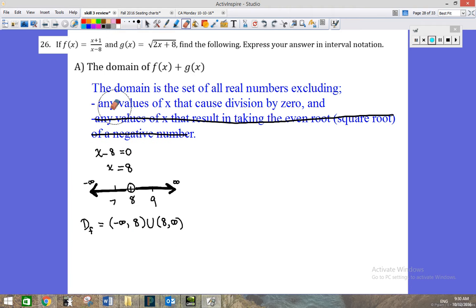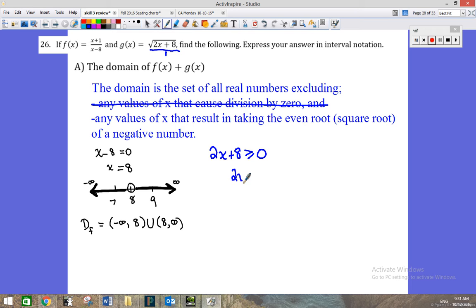Alright. So now I want to focus my attention on g and find the domain of g. So in the domain of g, I don't have to worry about division by 0 because I don't have any variables in a denominator. But I do have a variable that's underneath a radical. So this expression 2x plus 8 has to be 0 or positive. It cannot be negative. So I solve this inequality.